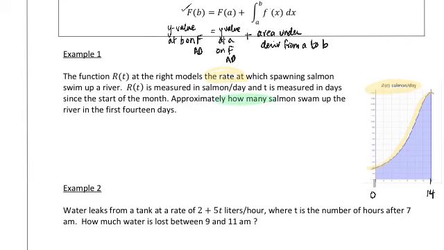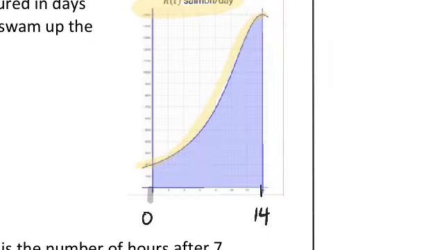That's a quantity. So the question is asking you to relate a rate to a quantity, and you do that with an integral, right? So how many salmon, in terms of the picture here, really we're looking for the area. The how many is going to be the area under the rate graph. Let me convince you of that by just asking you to imagine that this graph, instead of being this curve, was just a flat line.